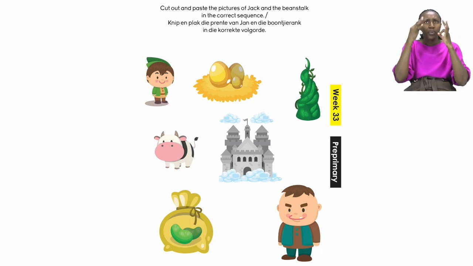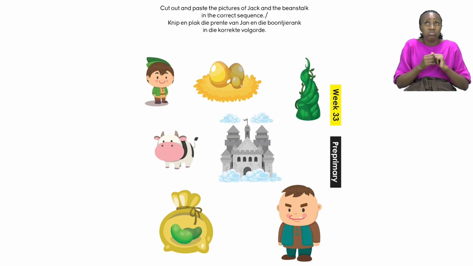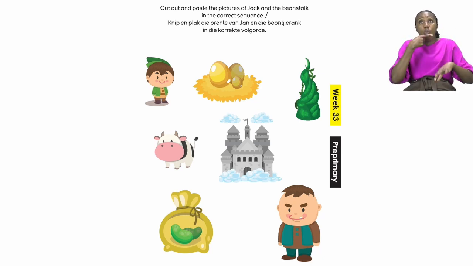"Lay," said the giant. Then the hen laid an egg. It was made out of gold. "Sing," said the giant, and the harp began to sing.